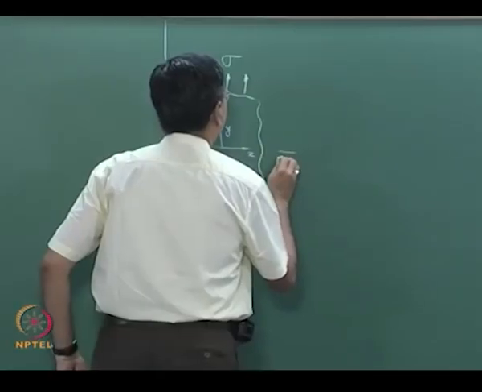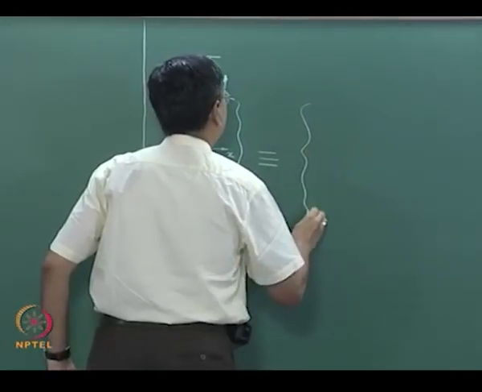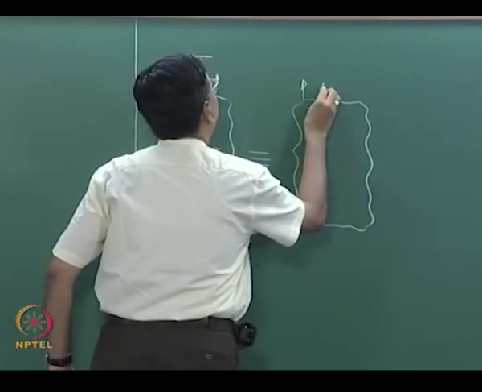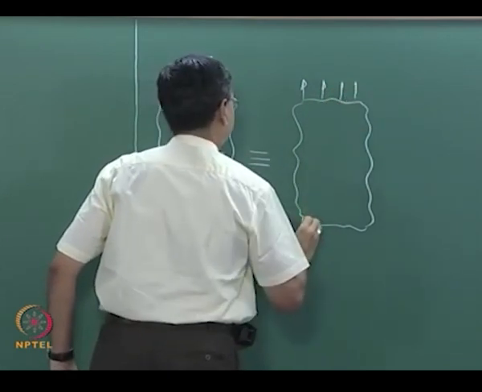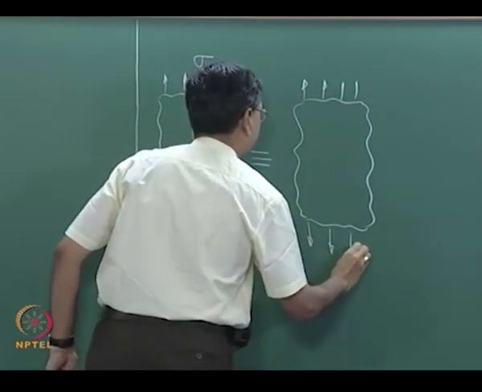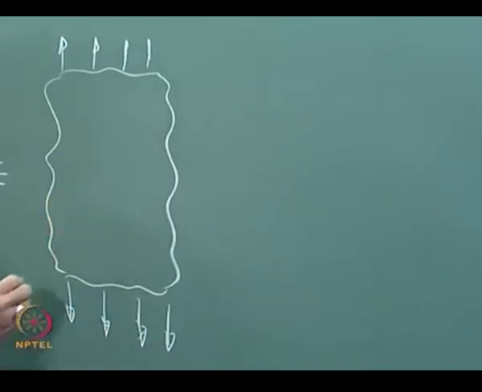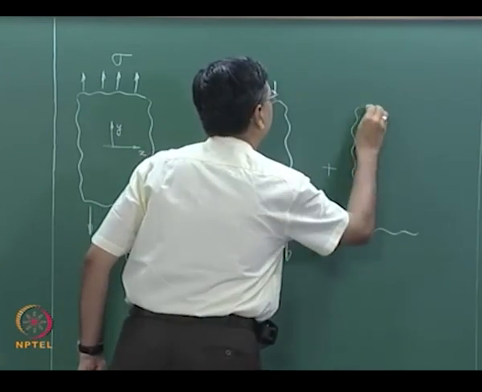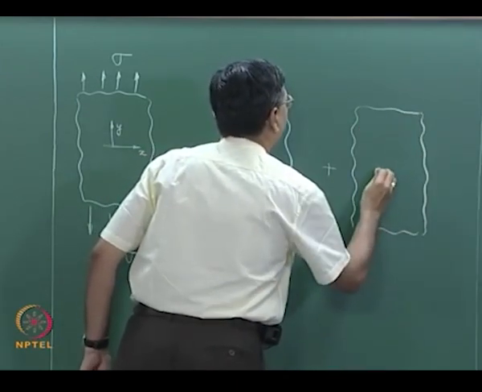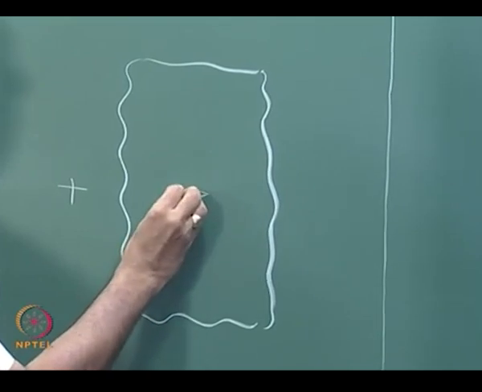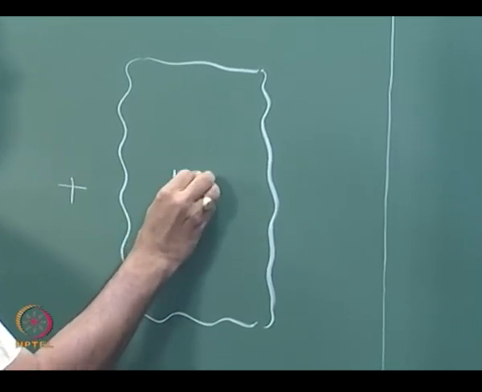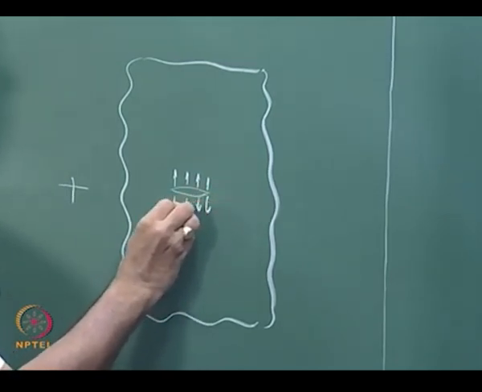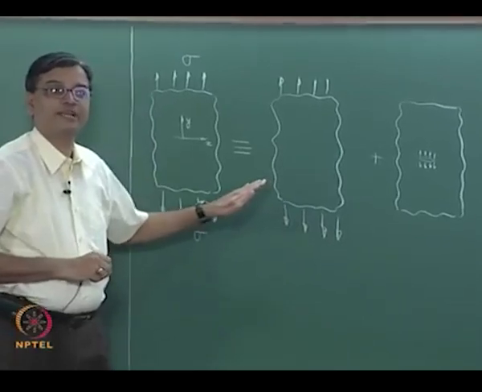One way of doing it is, I can imagine a problem wherein I have a plate without a crack, plus I have the similar plate, and I have the crack that is opened up by some load on either side. Can you agree to this kind of an explanation?